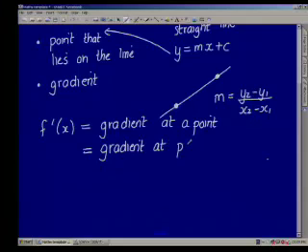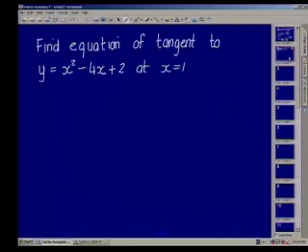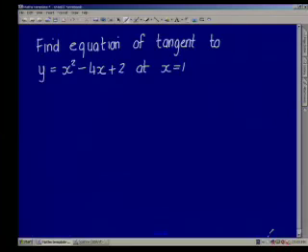Okay, so let's have a look at a kind of entry example. Not too easy. If we wanted easy marks in a paper, this is the kind of thing that we could ask. Find the equation of a tangent to y equals x squared minus 4x plus 2 at x equals 1. Now, it doesn't matter what kind of graph this is.